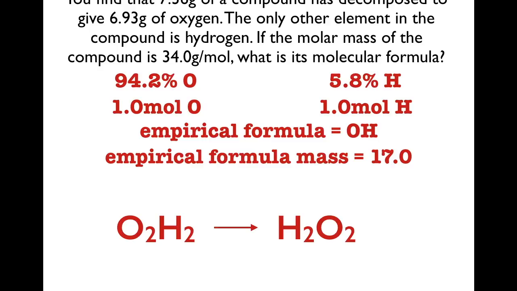So again, O2H2 would be okay, but the better way to write it is H2O2. Hopefully you understood how to go from percent composition to empirical formula, and from empirical formula to molecular formula.